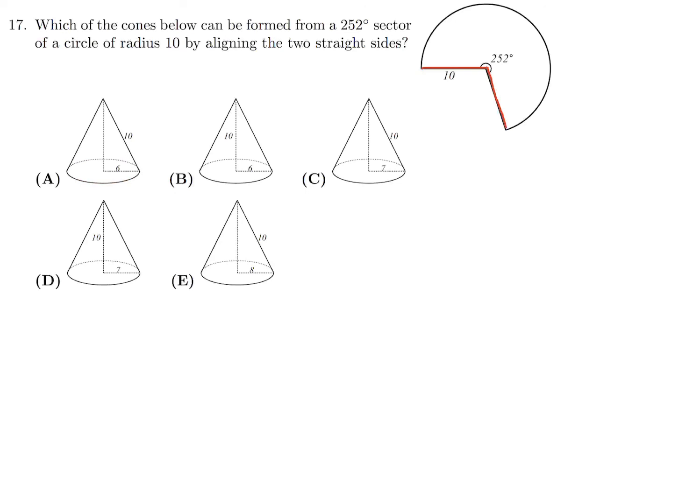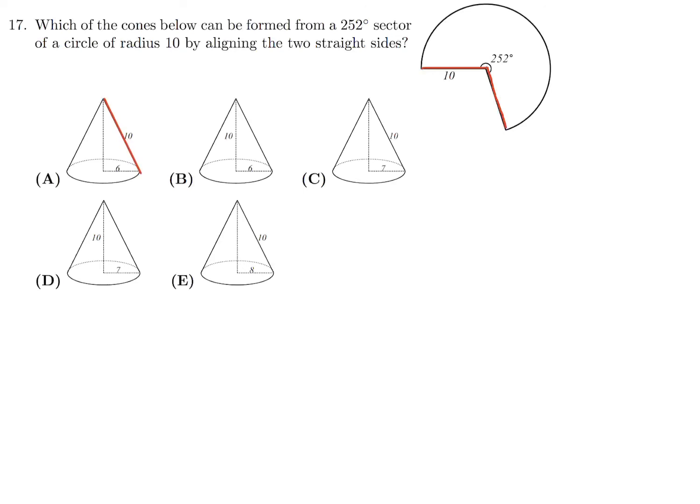Okay, so you kind of understand what's happening in terms of the fold, right? Those two red are going to be joined together. So when these red segments are joined together and they form a cone, where on the cone are those red lines going to join? Look at the choices and tell me. Before I draw it in, think about it. It is going to be here. Right there.